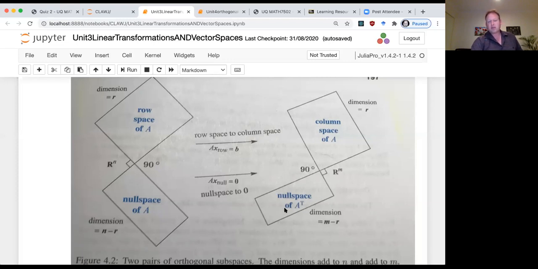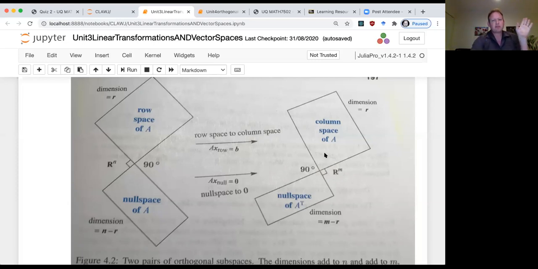And if I'm saying the null space of A transpose is a complement of the column space, then that means that their union is all of Rm, and they are disjoint. Disjoint means that two sets are disjoint, that is, their intersection is the empty set.